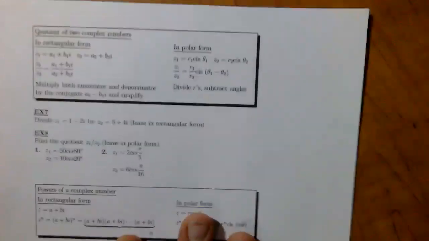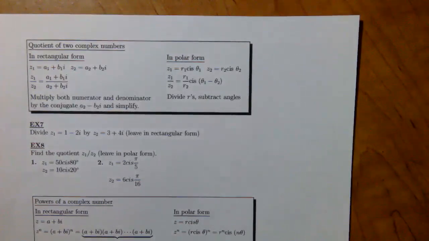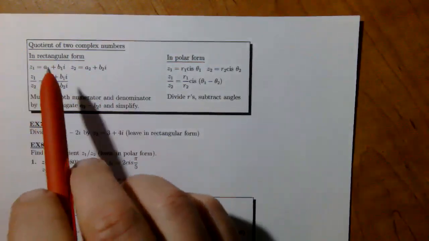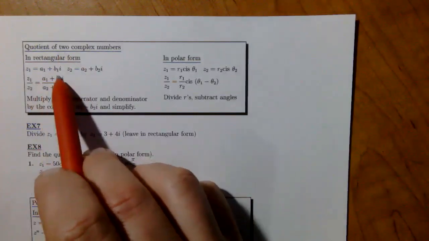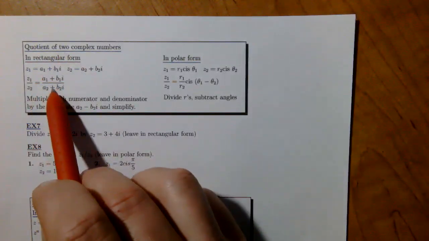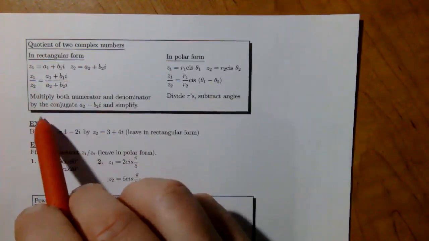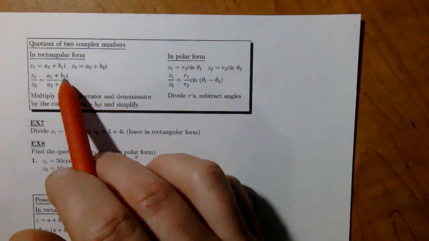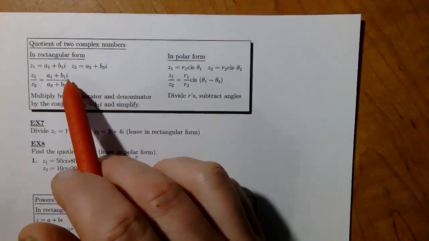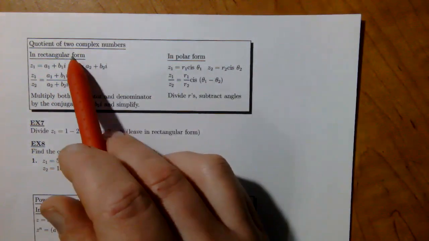You just multiply the r's and then add the angles. Okay, what if I wanted to do the quotient? Meaning I wanted to divide two complex numbers. In rectangular form, I want to take one number divided by the other number. Depending on where you came from, calculus or whatever, you probably didn't do a whole lot with this, because in rectangular form it's really nasty.